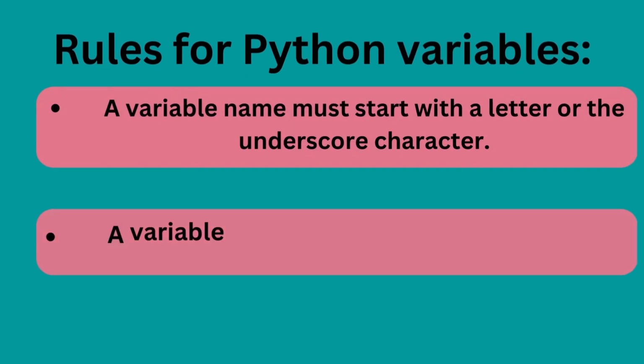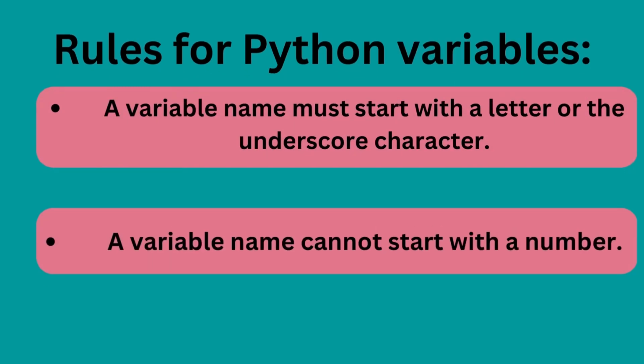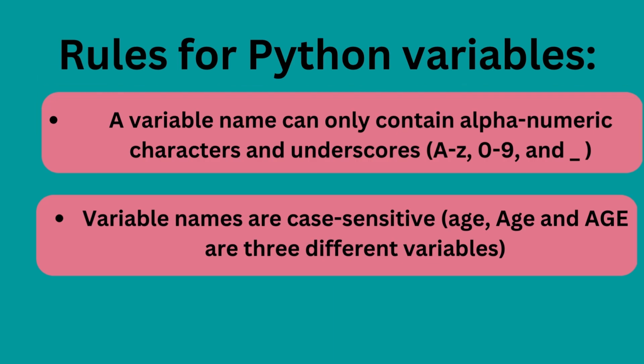There are some important rules you need to follow while using a variable. The first one is that a variable name must start with a letter or an underscore character. You can start with abc or orange like that. A variable name cannot start with a number. You cannot start with a number like 2a or 35b. A variable name can only contain alphanumeric characters and underscores.